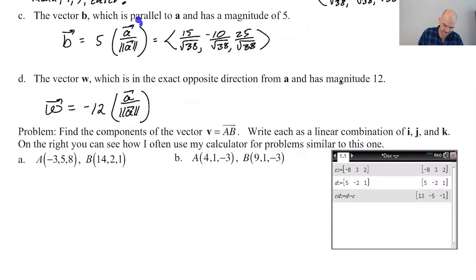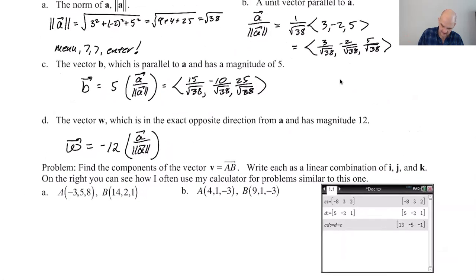If it was positive, because there's an implied plus there, we'd be going in the same direction as that unit vector. So what do we get here? Negative 36 over radical 38, 24 over radical 38, and then negative 60 over radical 38.